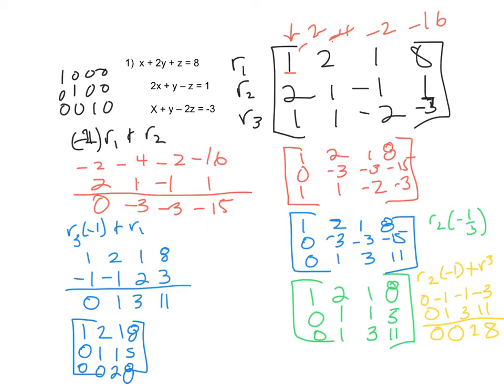So I'm going to multiply my last row by 1/2, so row 3 times 1/2. And then I'll have my matrix made. So the final matrix is going to be 1, 2, 1, 8, 0, 1, 1, 5, and then 0, 0, and then it's going to be 1. 8 times 1/2 is 4.